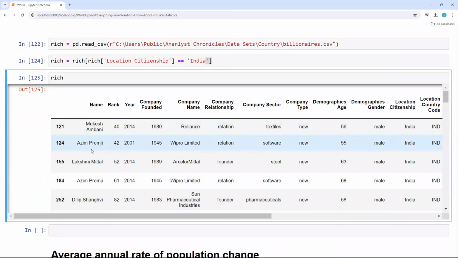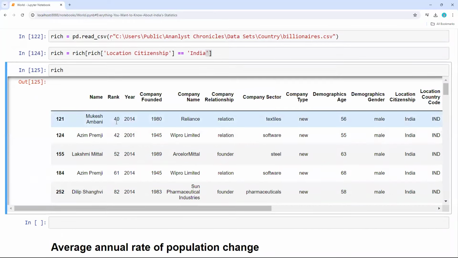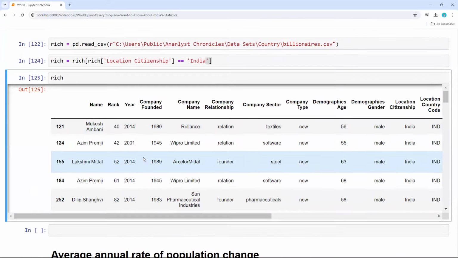Followed by Mukesh Ambani, we have Azim Premji. In 2001 he ranked 42, and his company, Wipro Limited, was founded in 1945. Followed by Lakshmi Mittal. I think we have the data year on year. This is a sample I just gave for India.